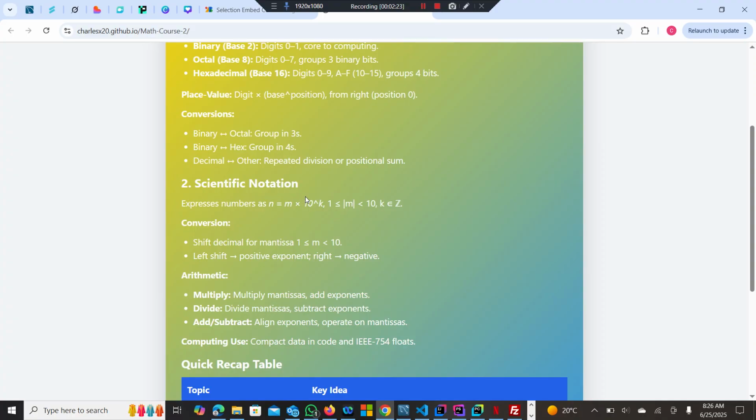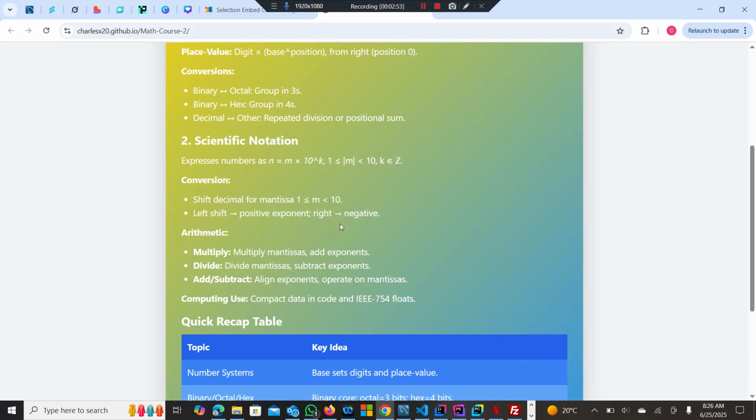You can take a very large number like 1 million, and instead of writing it out, convert it to something like 1.0 times 10 raised to power 6. The up arrow means raised to power. M is called the mantissa, and the power is called the exponent, as I said in my last video.